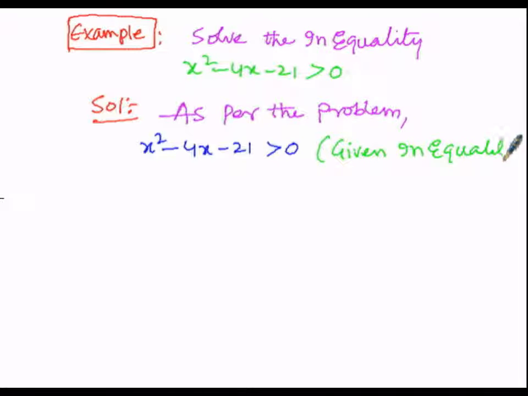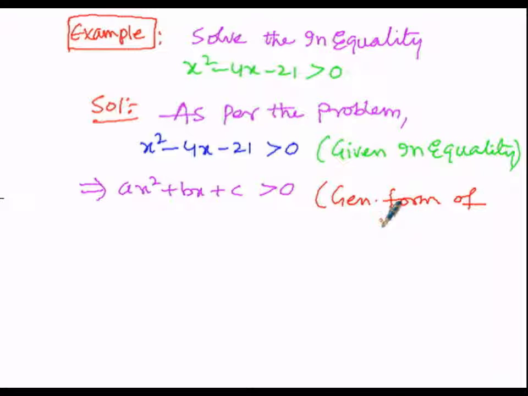Then now let us compare with the general form of the inequality that is greater than 0. So that implies ax square plus bx plus c greater than 0.